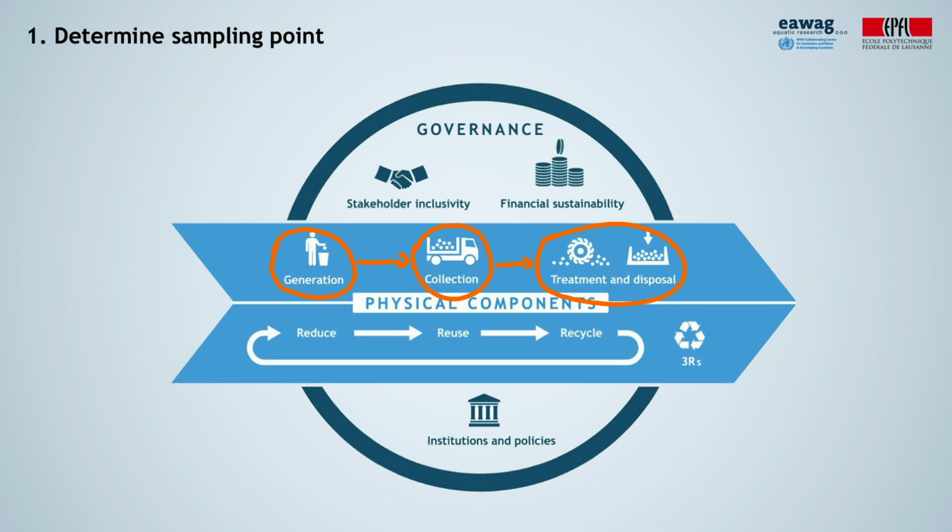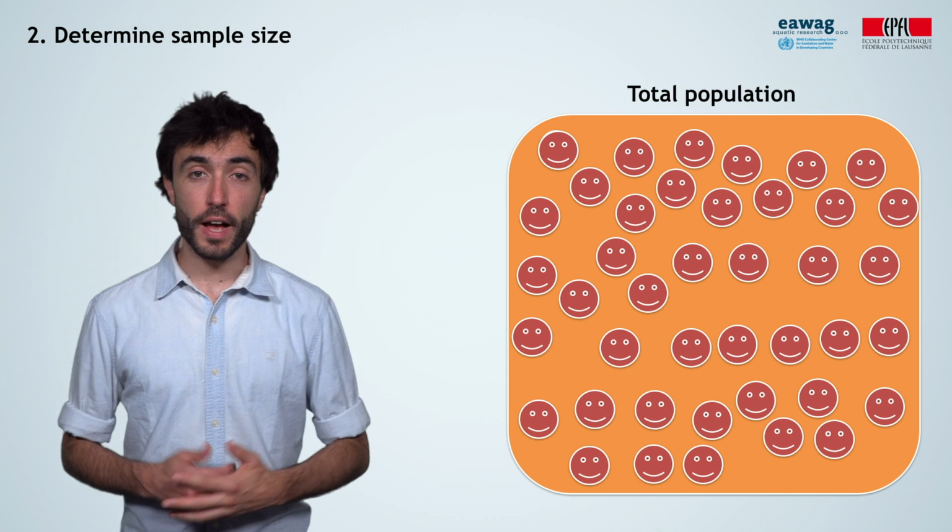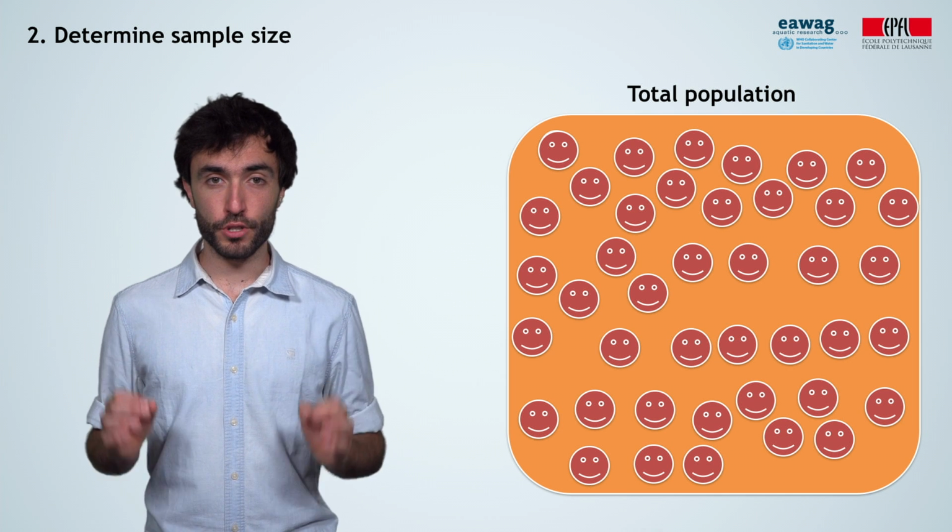Along this value chain, the amounts and characteristics of the waste vary, since part of the waste is extracted at various points for reuse or recycling, and the remaining materials are more mixed and degraded, which adapts their properties. In this module, we will show how to conduct a waste audit of household waste, and therefore, we are focused at the generation point.